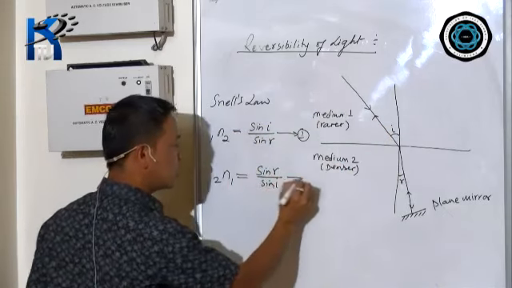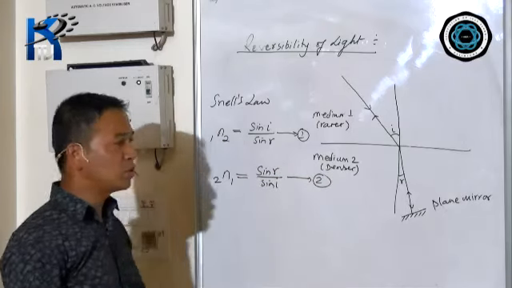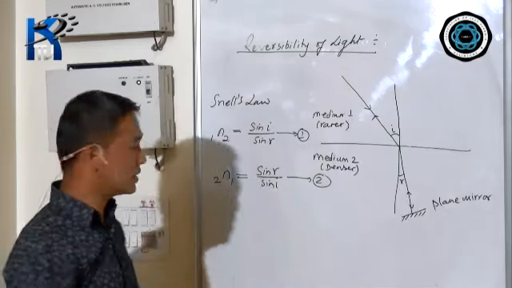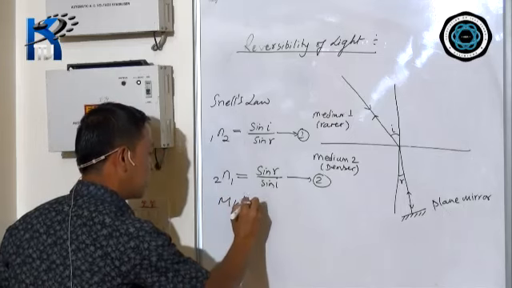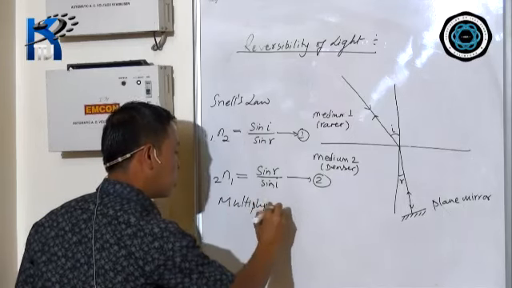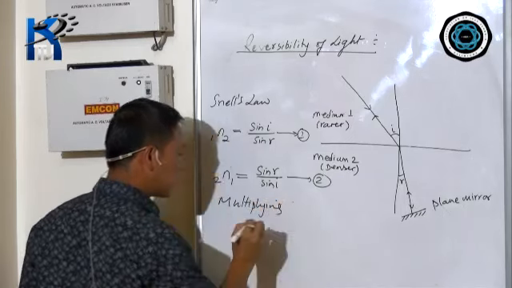So using Snell's law, we got two equations. What I do is multiply these two equations on both sides. Let me multiply equation 1 and 2 on both sides. You can write the refractive index of 2 with respect to 1 times the refractive index of 1 with respect to 2 is equal to sin i by sin r times sin r by sin i.